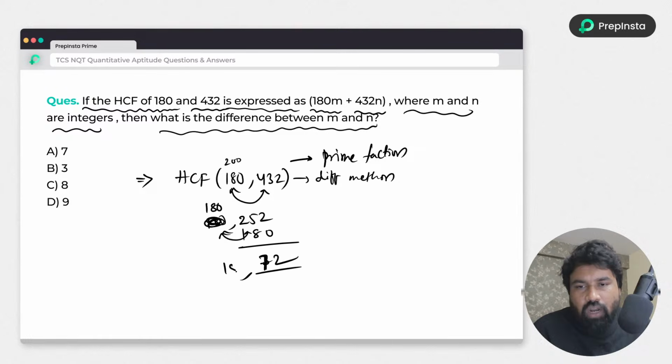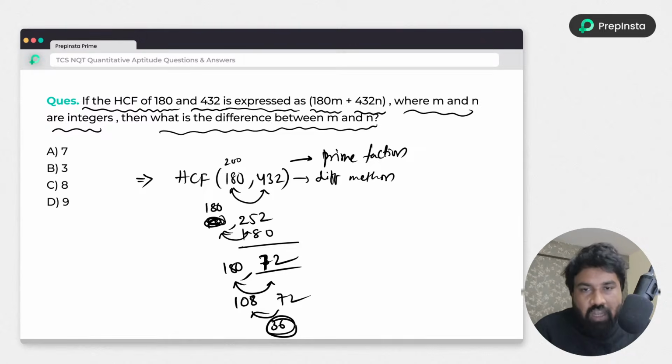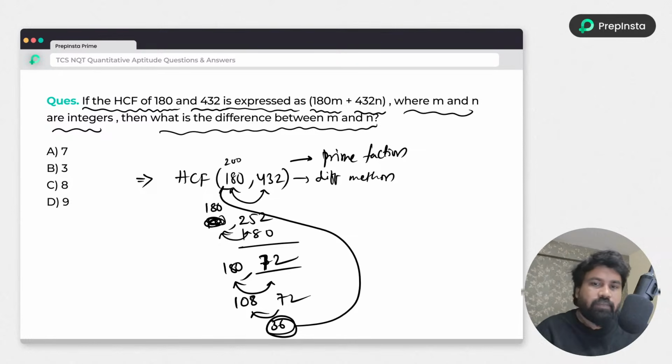So 72 and 180 difference 108, 72. 72 and 108 difference 36. So 36 is the HCF of these two numbers. This is called the difference method. Every time you take the differences, you will get a number which can divide both. See, 36 can divide 108, 36 can divide 72.